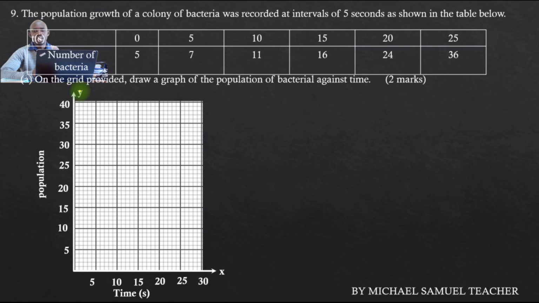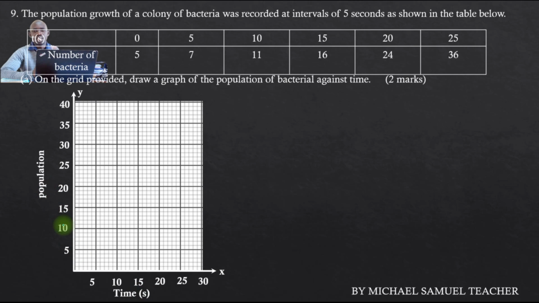Now, already we have been given the grid, and it is labeled, so our work is just to plot. We have t on the x-axis, and population, that is the number of bacteria, on the y-axis.